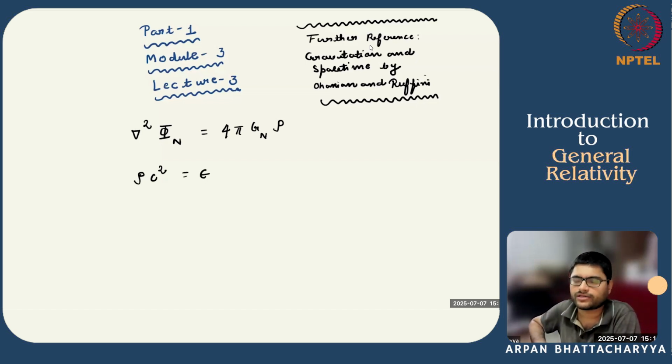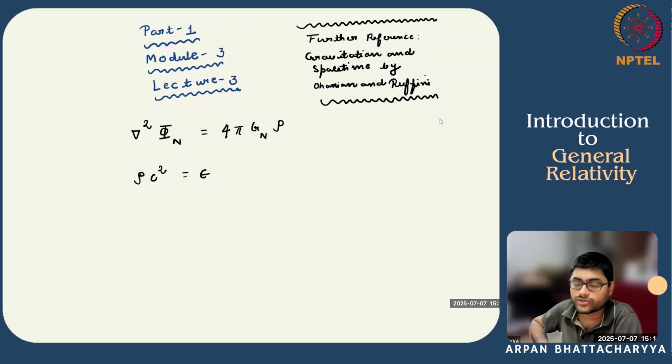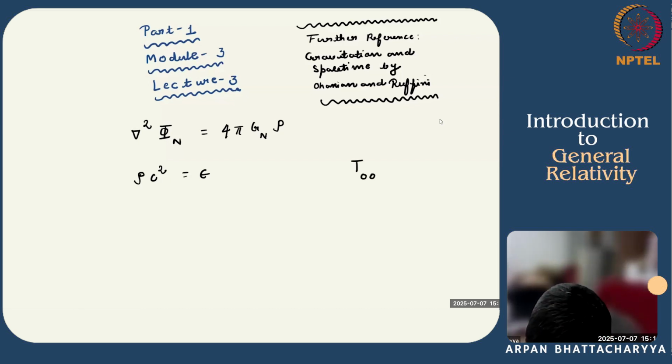And remember our discussion about the stress energy momentum tensor in earlier lectures. So we have identified that the 0,0 component of the stress energy momentum tensor is proportional to the energy density. To be more precise, T00 is equal to epsilon by c.